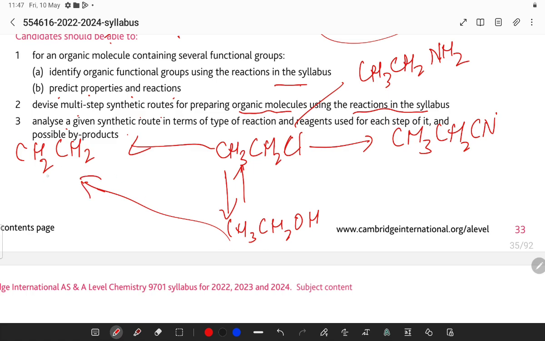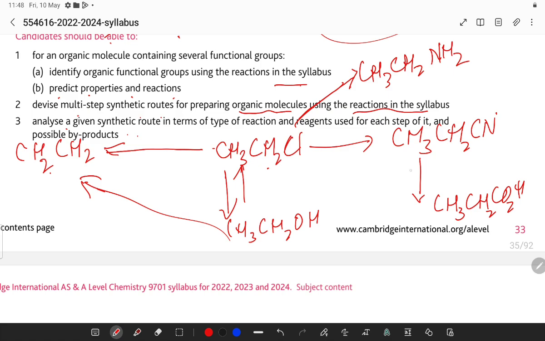So this alcohol is also converted into alkene, and haloalkane changes into alkene. So haloalkane changes into amine, and haloalkane changes into nitrile, and nitrile changes into carboxylic acid, CH3CH2CO2H.